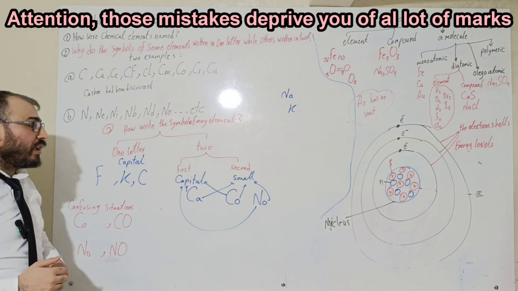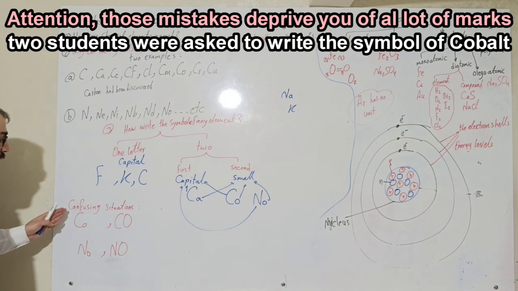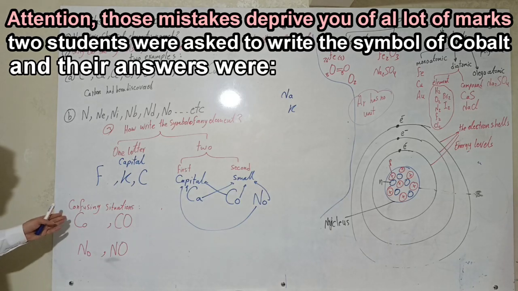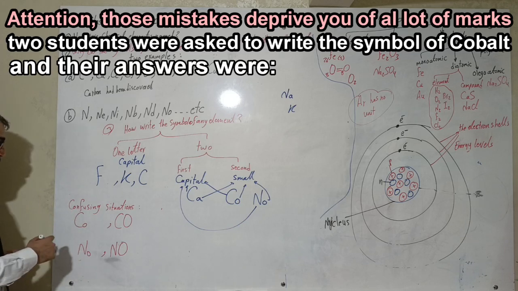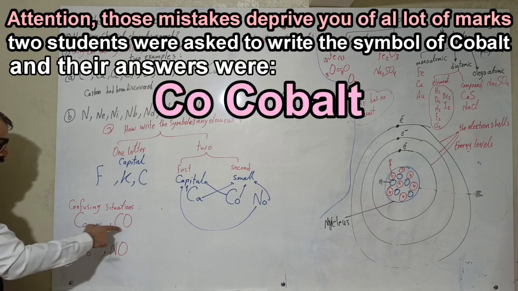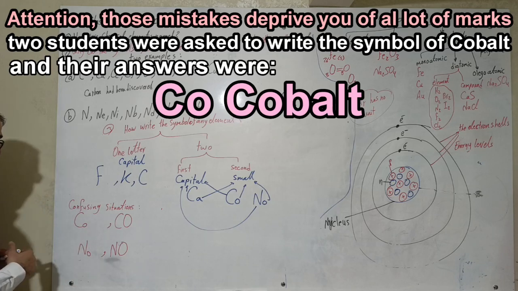So what happens if we don't obey this rule? Here we have two confusing situations written by students in some exams. For example, we ask the student to write cobalt, and you see that two students here have written different formulas.